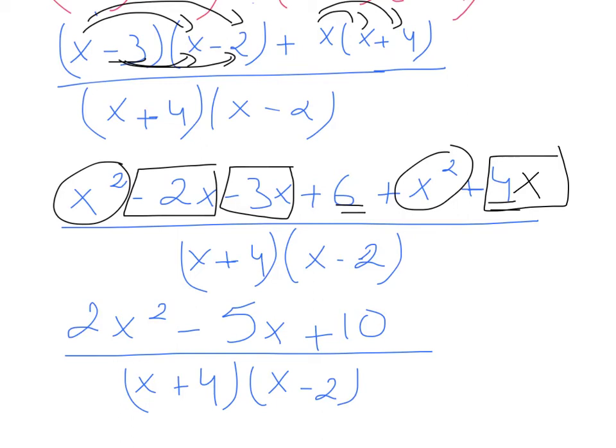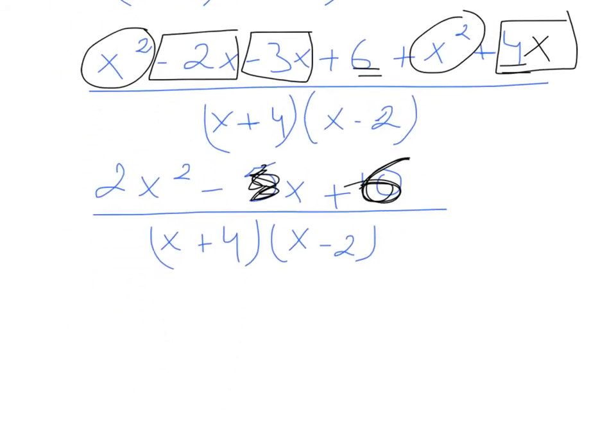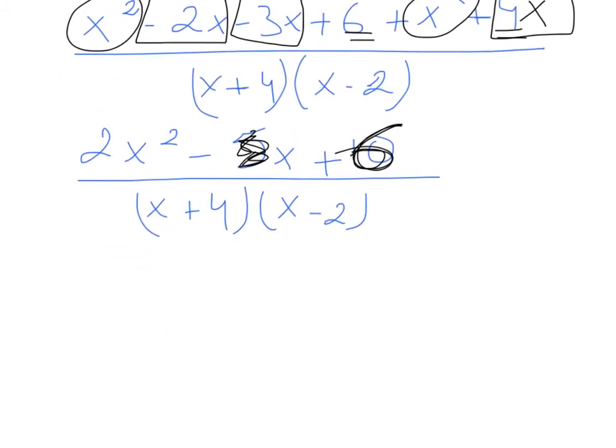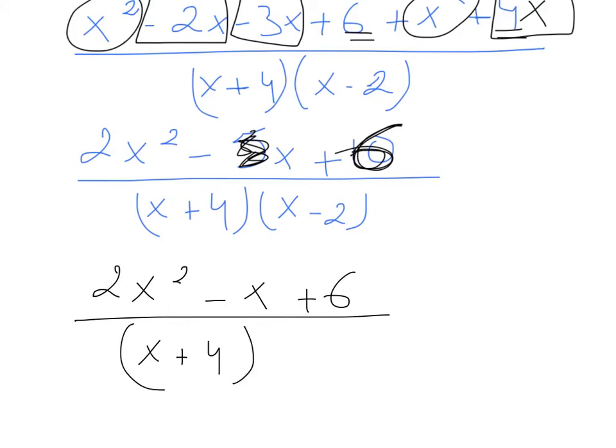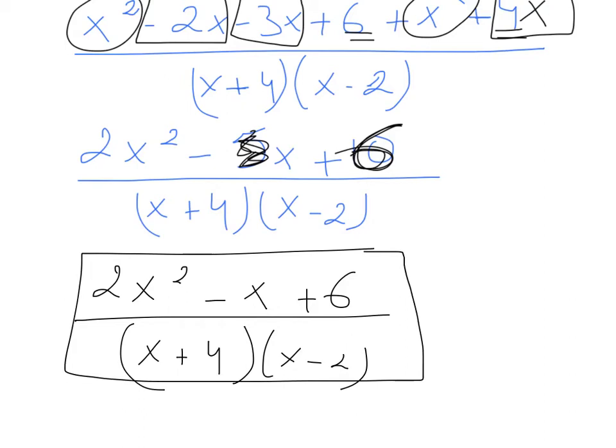And here we have plus 10. Sorry, plus 6. Okay? So the answer, let me just write it again. It will be 2x squared minus x plus 6 over x plus 4 times x minus 2. So this is the correct answer.